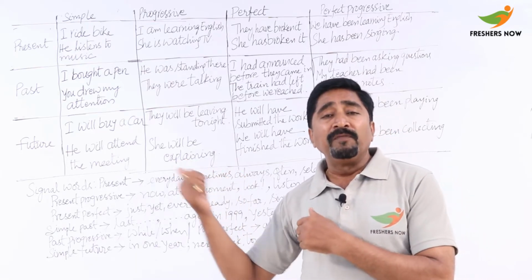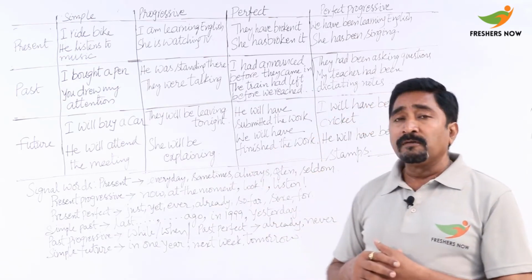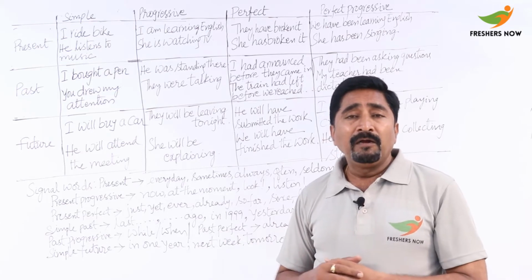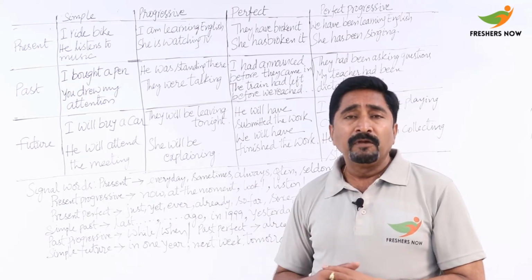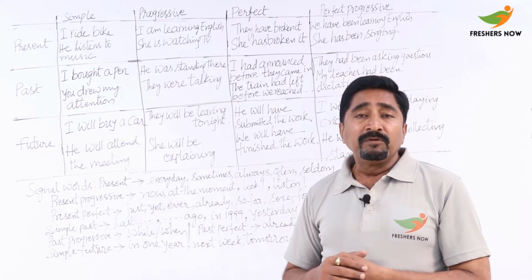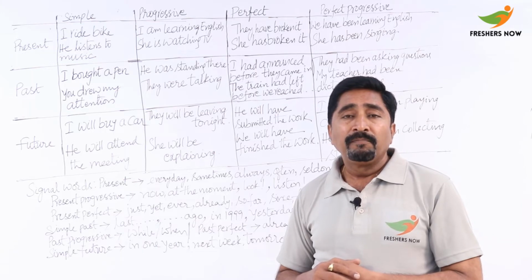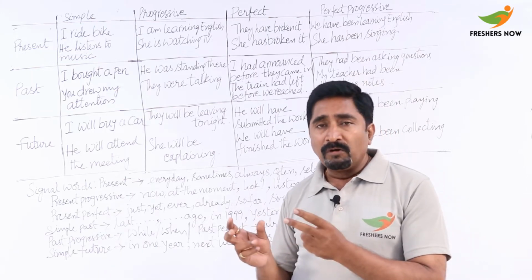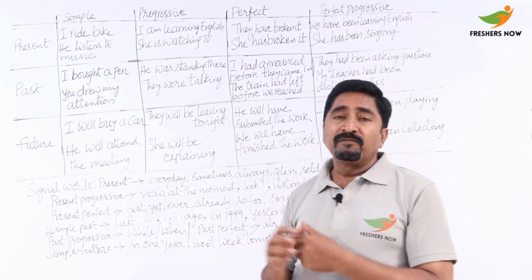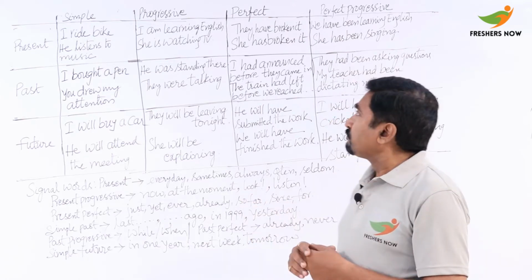Now let's see this. They were talking. By the time I saw them, they were talking. I'm not sure when the activity started and when it is going to end. So this is how the past continuous tense refers. It doesn't refer to the time there.